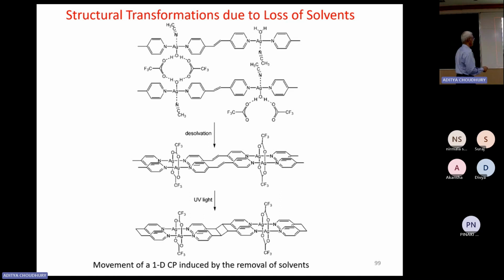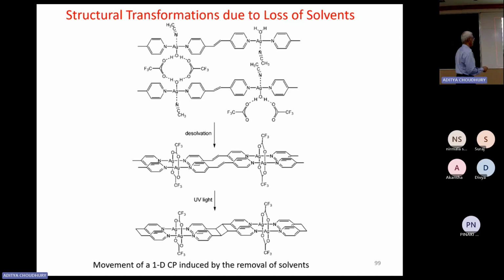I won't say reaction. This is not a reaction. It's a structural transformation that highlights the movements of the coordination polymeric strands closer to each other, forming this type of photoreactive structure.